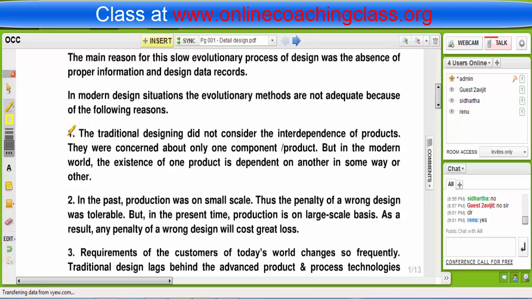Now some points we should remember about traditional design. Traditional design did not consider the interdependence of products. They are concerned with only one component or product, but in the modern world, the existence of one product depends on another in some way or other.